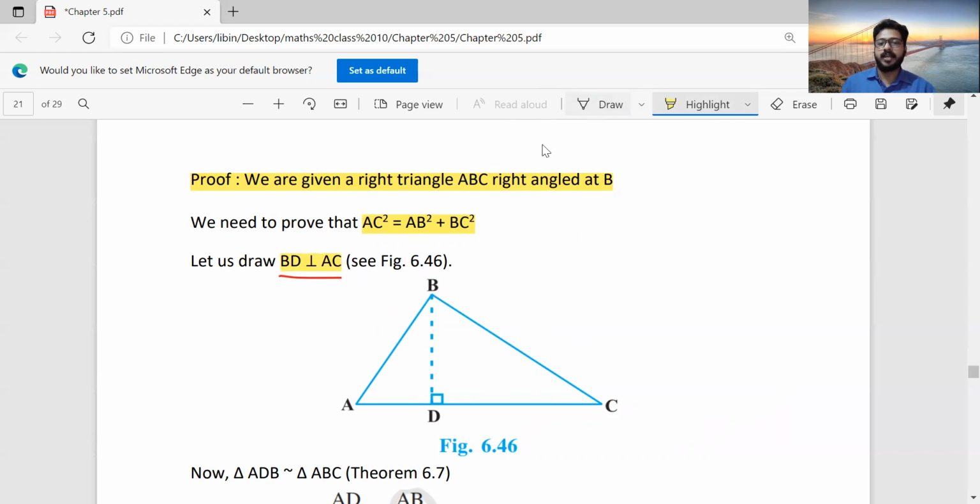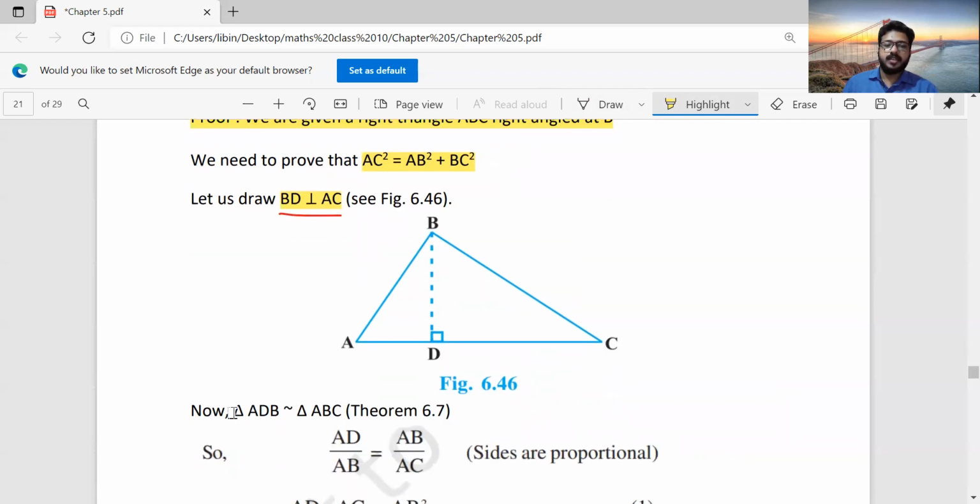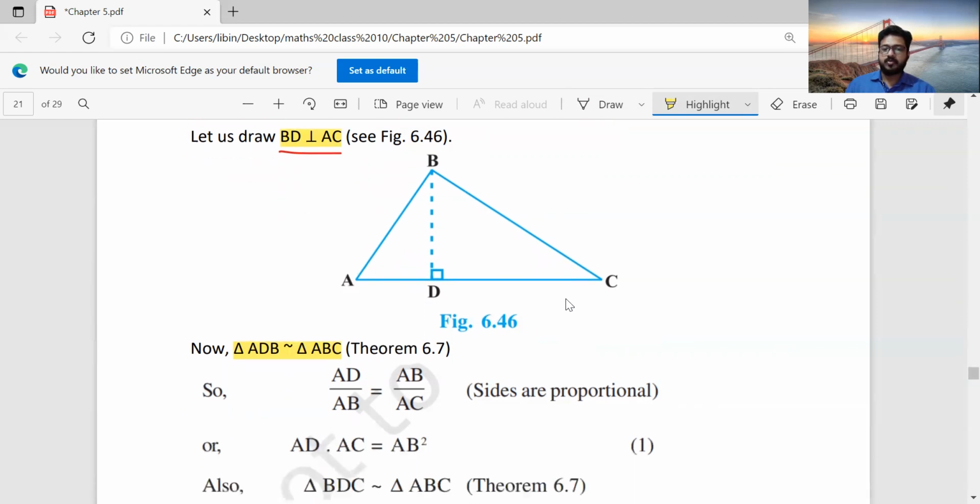Now we are applying our theorem 6.7. Triangle ADB is similar to triangle ABC. So the sides are proportional, and we can write AD by AB is equal to AB by AC.